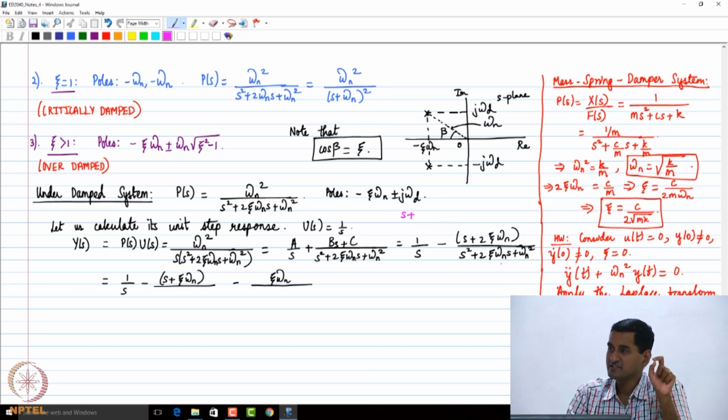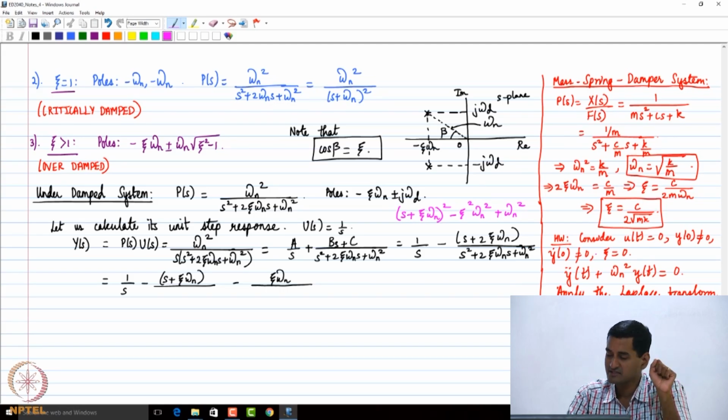The coefficient of s is 2 zeta omega n, so you divide by 2. You will get s plus zeta omega n whole square, right? Then you subtract the constant, which is going to be zeta squared omega n squared. Then you will anyway have this omega n squared left with you.